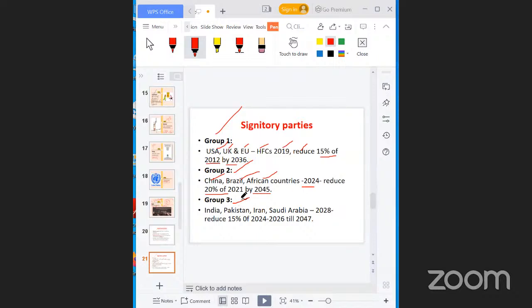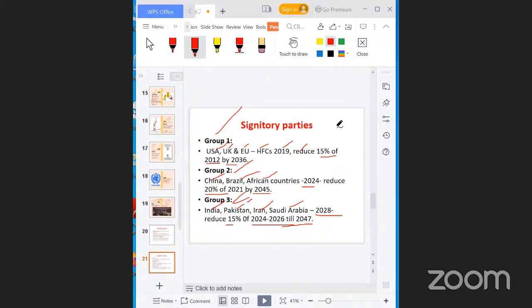Now we are going to the third group, which consists of developing economies, in some of the hottest climatic countries like India, Pakistan, Iran and Saudi Arabia, who will start phasing down hydrofluorocarbons by 2028 and reduce it to 15% of 2024 to 2026 levels till 2047.